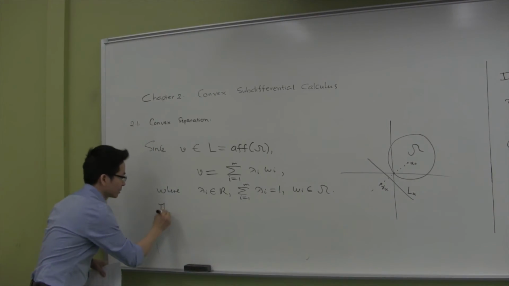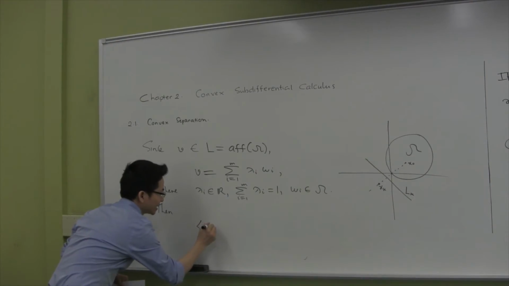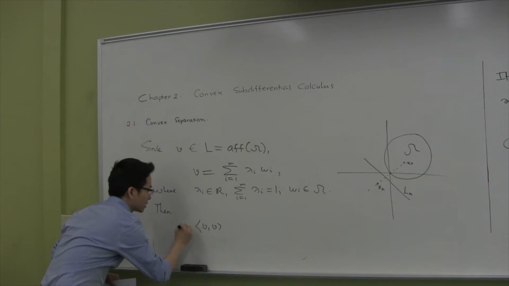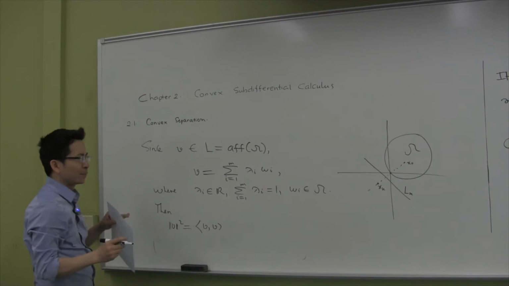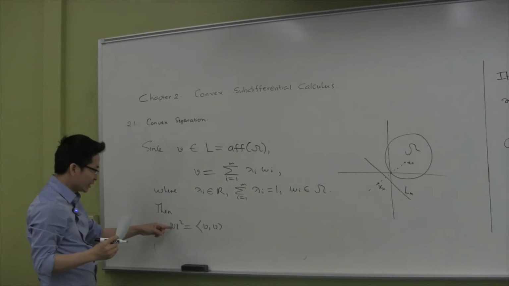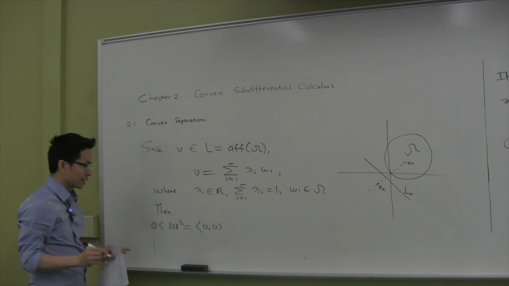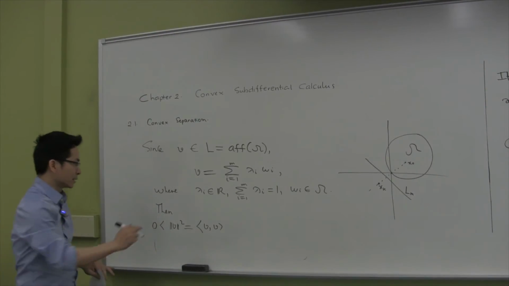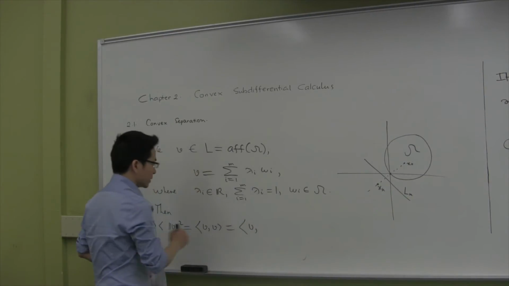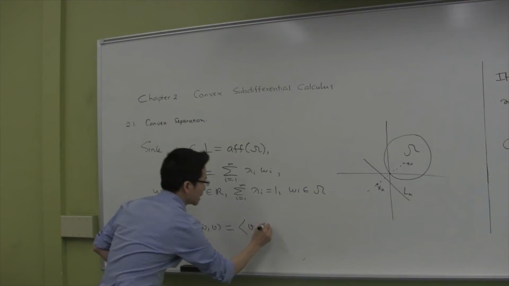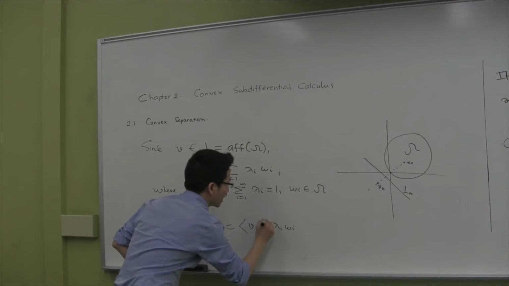Then if we look at the inner product of V and itself, which is also the norm of V squared, we know earlier that V is a non-zero vector, so this is strictly greater than 0. We can write it as the inner product of V and the sum of lambda_i omega_i, where i runs from 1 to m.